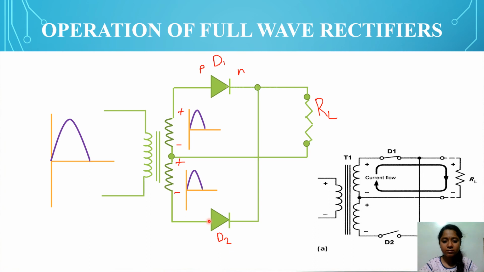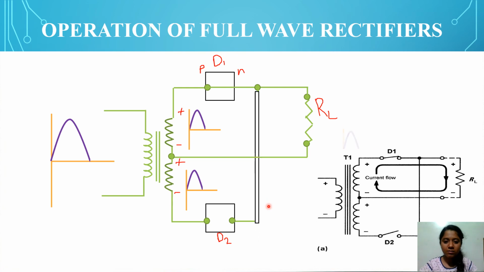As you can see, in D2 the switch is open, whereas in diode 1 the switch is closed. So there is a flow of current in diode 1 and no flow of current in diode 2. Diode 1 acts as forward bias, diode 2 acts as reverse bias.